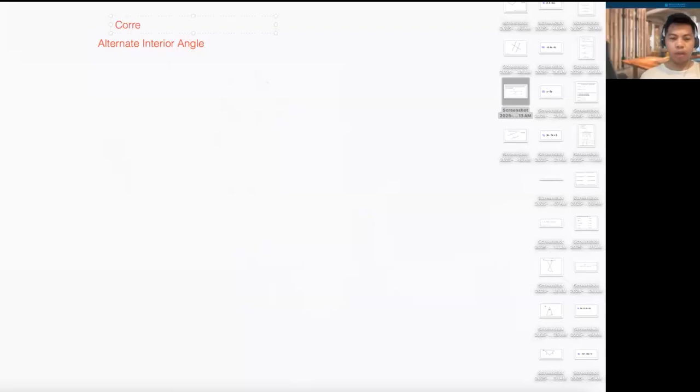So there are actually three. We have the alternate interior angles and corresponding angles. Oh, sorry, there has to be an S here. Another thing that you have to remember is the vertical angles. Vertical angles are this one.